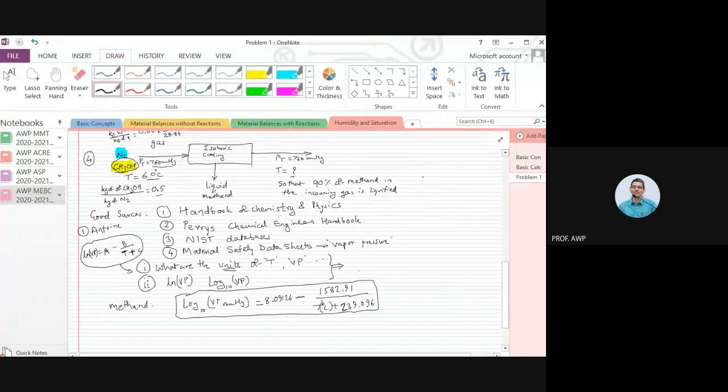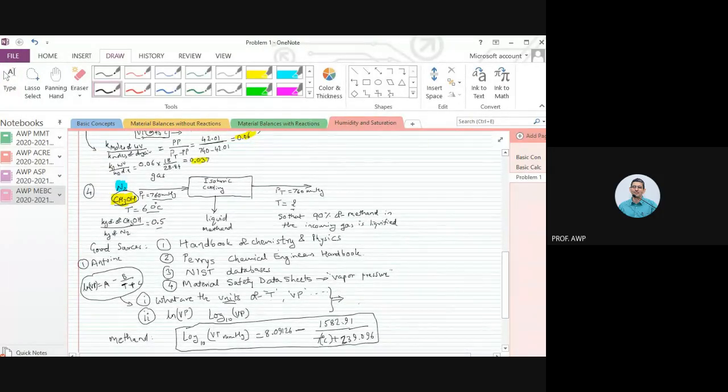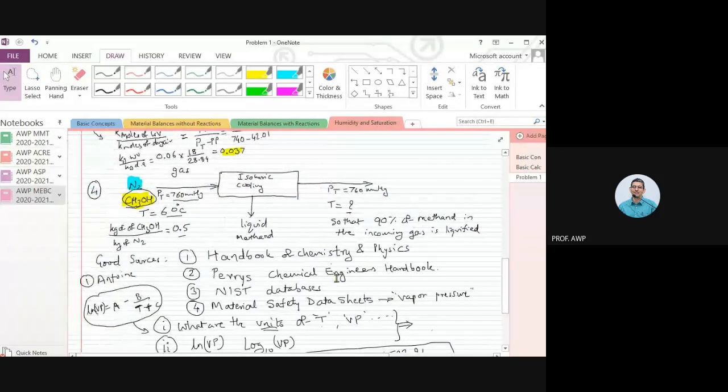Okay, so Edith, what we'll do is I will get started, but you help me out with the calculation. Is that okay? Yes, sir. Okay, so we want to find out what temperature we need to cool so that 90% of the incoming methanol will be liquefied, and then we can separate out liquid methanol, and then the rest of the nitrogen we'll do something with that. We'll see that a little later. Shall we take some kind of basis to do all these calculations?